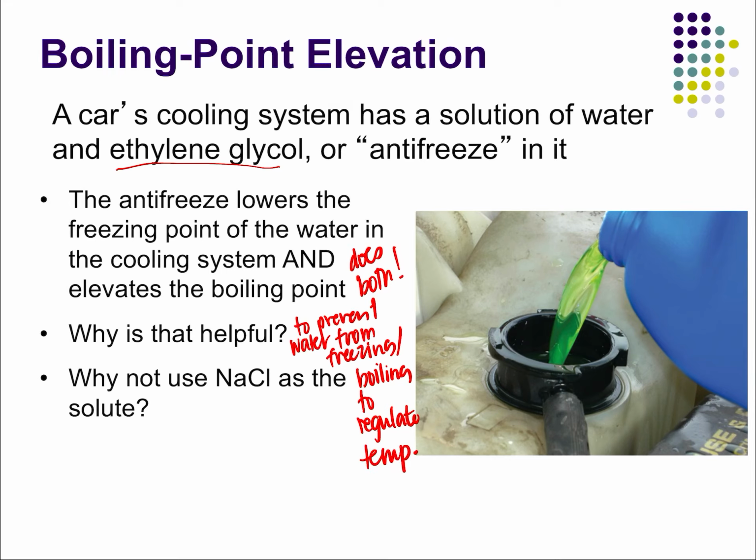To regulate. So salt isn't used and ethylene glycol is used because ethylene glycol is a better substance to use. It has a greater effect on boiling point elevation and freezing point depression.